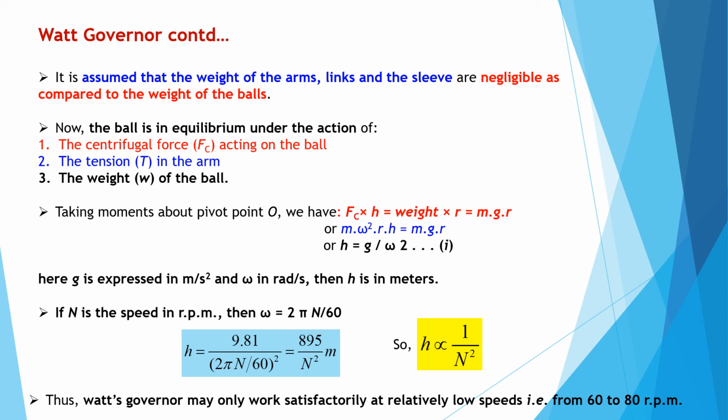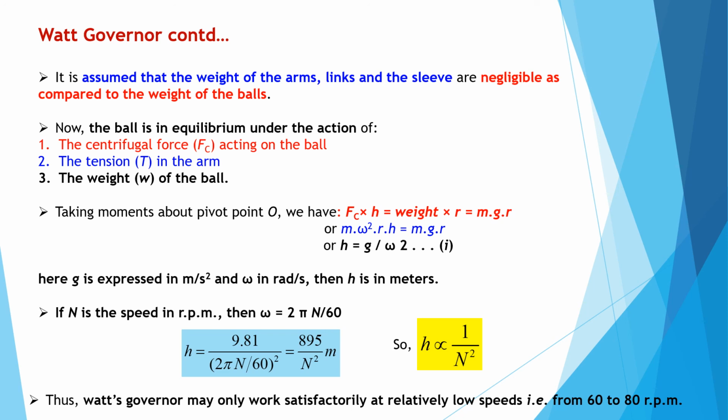So the height of the governor is inversely proportional to the square of the speed of the spindle. So Watt's governor may only work satisfactorily at relatively low speeds, when the speed varies from 60 to 80 rpm.